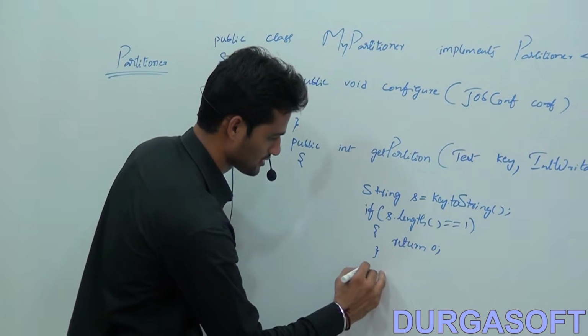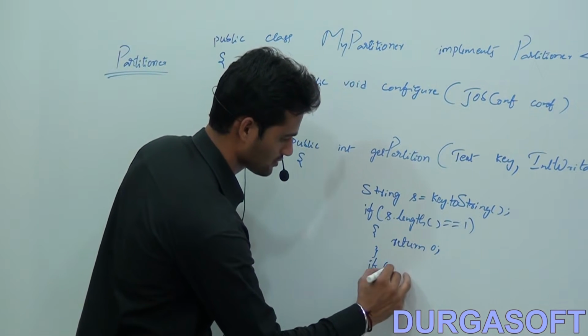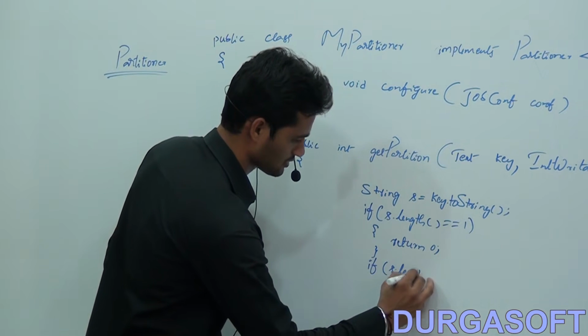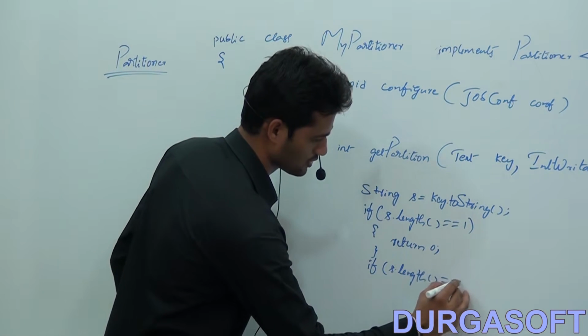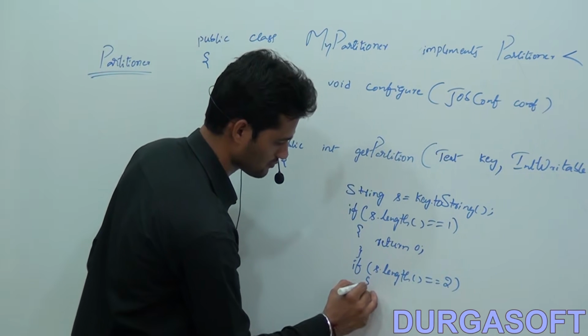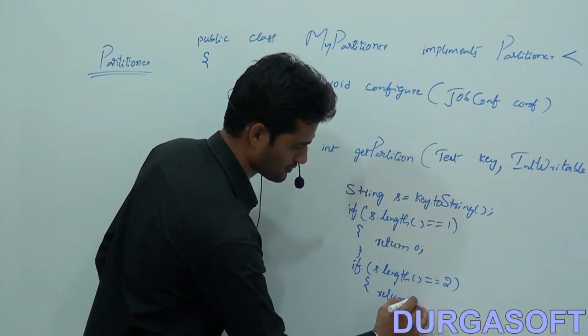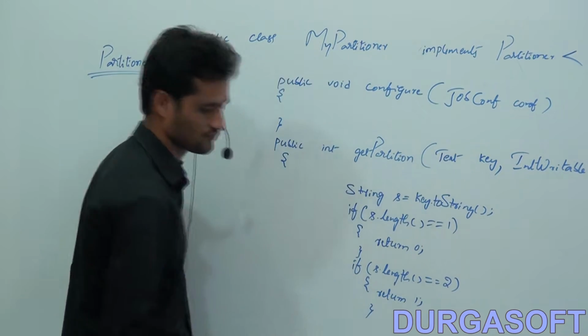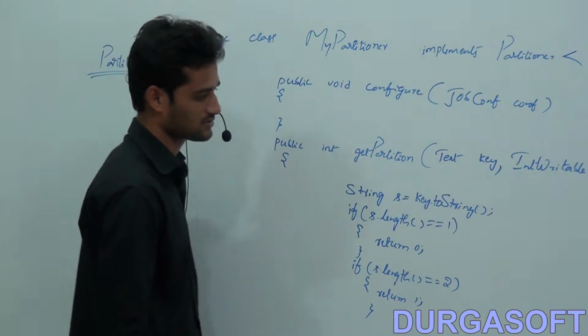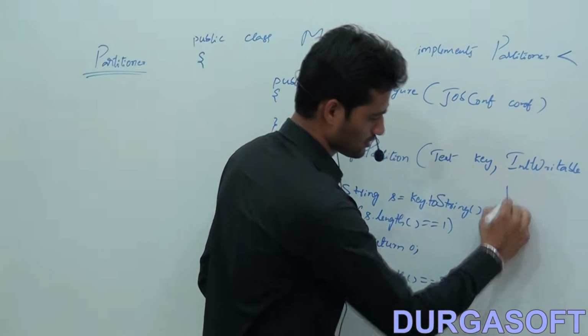Next, if s dot length is equal to 2, then return 1. Next, see this one.